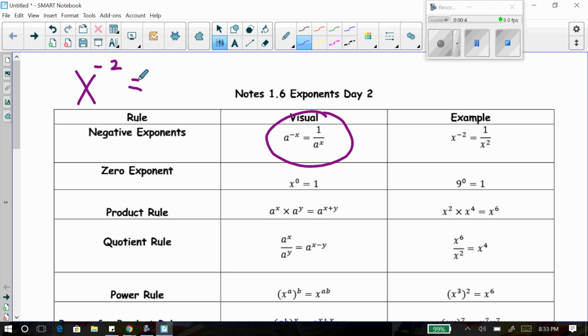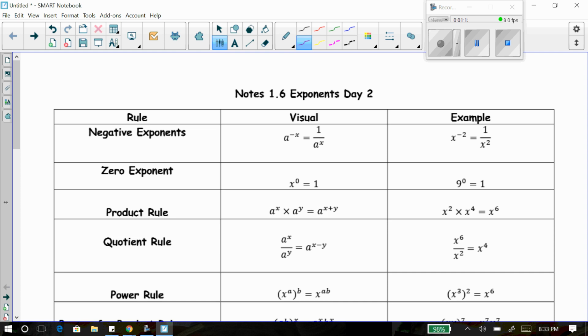So example, this is really x to the negative second over 1. You flip it, and it becomes positive. So x to the negative second really equals 1 over x squared. You flip them and make it positive when it goes in the denominator. And that was a rule that we learned in the last section.